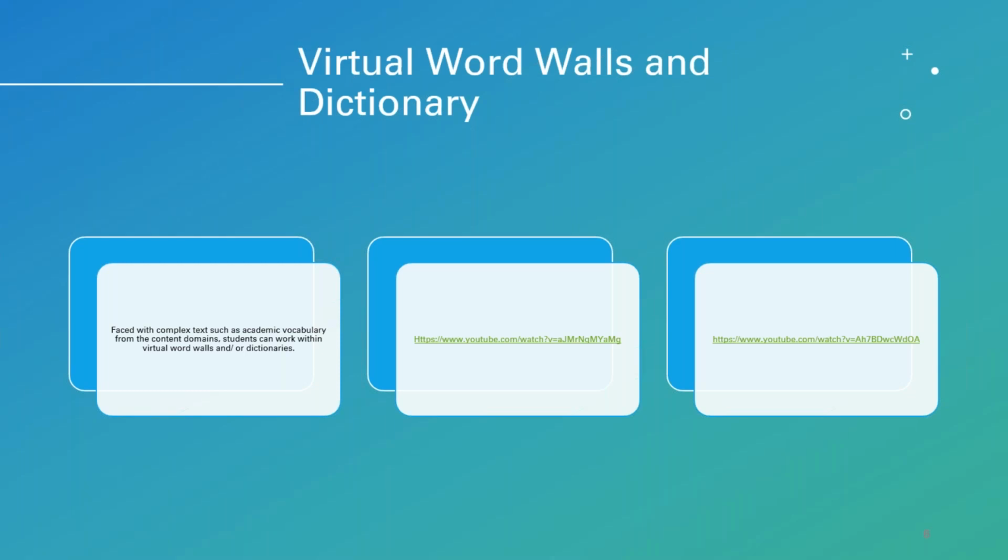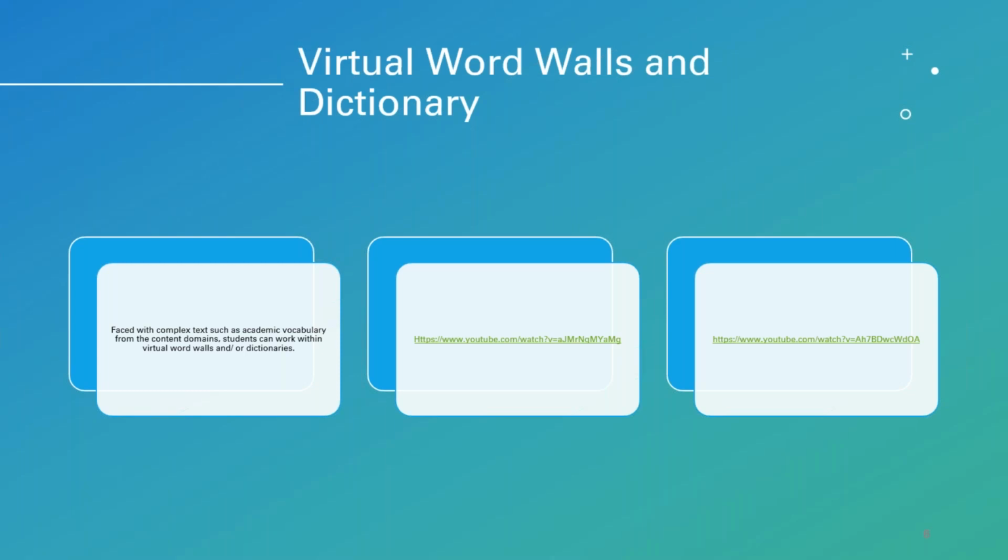But the first video introduces virtual word walls as an evolving tool within your classroom that you can build cumulatively across topic, chapters, text, accessible in a variety of electronic domains.